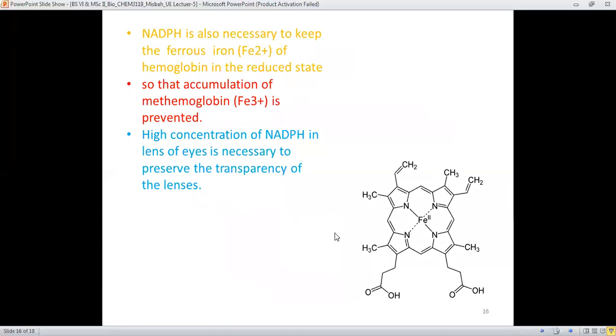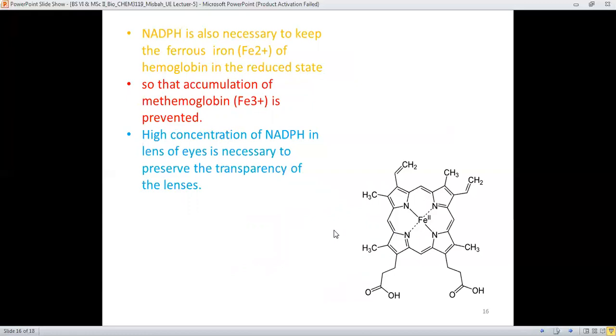Here is the structure of the heme and iron is given. Iron must be present as iron 2 in order to carry oxygen to the cell. Otherwise, iron 3 will result in the accumulation of methemoglobin in the cell, which should be prevented.